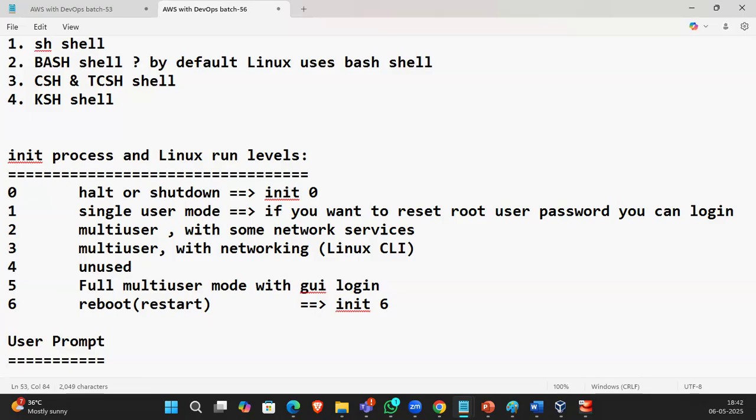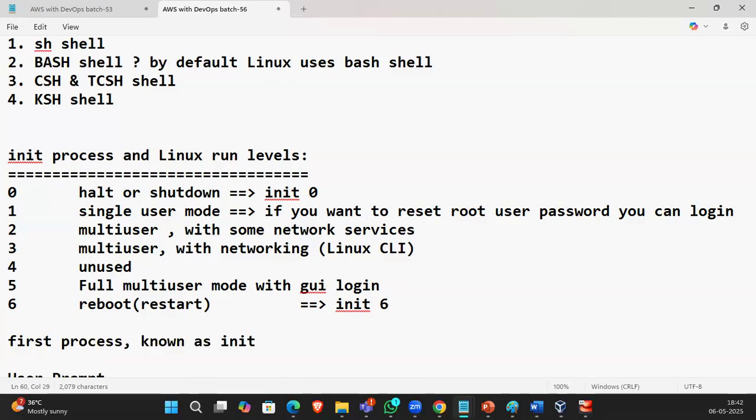Once the kernel and the drivers are loaded, Linux starts loading the rest of the system. This starts with the first process, right? What is the first process?